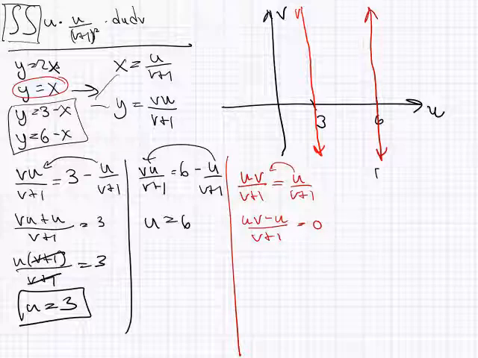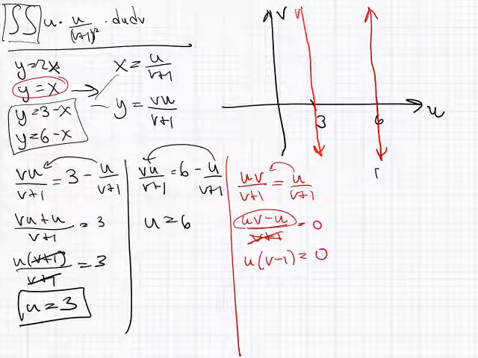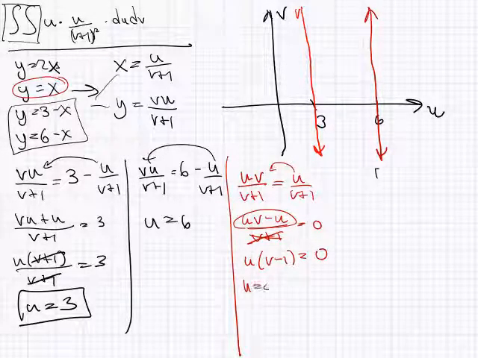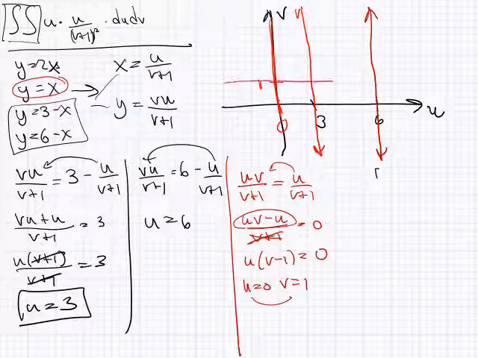Now, if this fraction equals 0, the only way is if the numerator equals 0, so we can basically get rid of the denominator. And so, factoring out a u, we have u times (v minus 1) equals 0. And now we have a zero product property, so u equals 0 or v equals 1. So we got two things out of this one. u equals 0, which is this equation here, and v equals 1. Well, here's the v-axis, so v equals 1 would be this line right here.